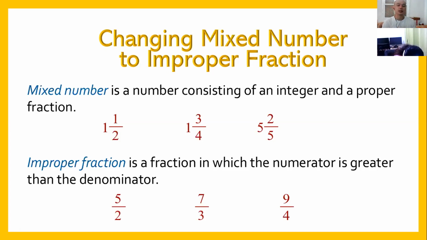Yes. Okay, let's try to understand how to change a mixed number to an improper fraction. Take a look at this example: 1 and 1/2. How do you change that to an improper fraction?